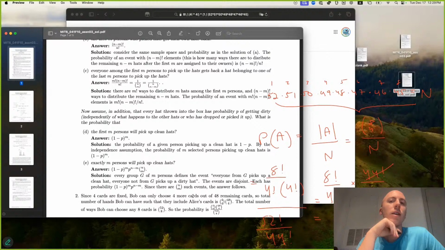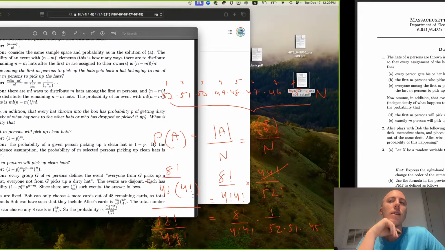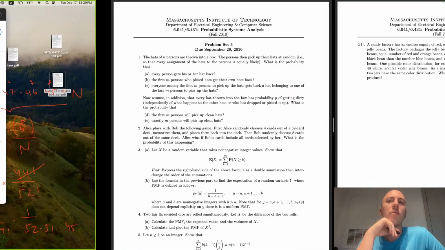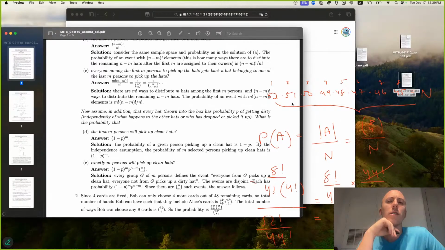So it's kind of thinking like Bob is choosing 8 cards and you have to fix 4 of them. You're not sure which 4 you're fixing, but okay. Total number of hands Bob can have such that they include Alice's cards is 48 choose 4. That's weird to think about. I don't fully grok that.